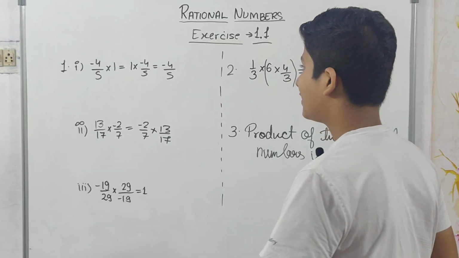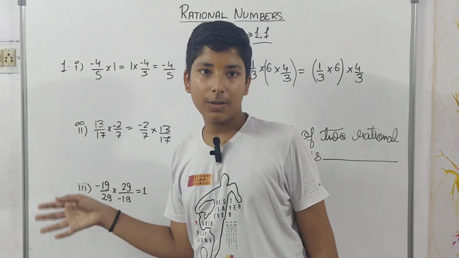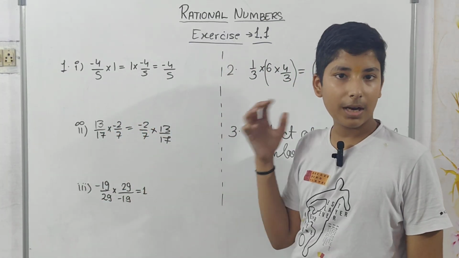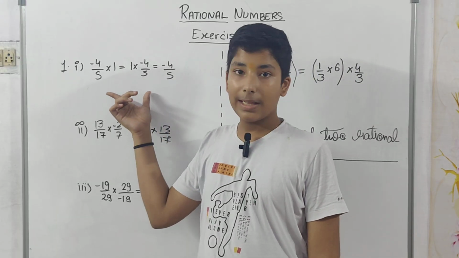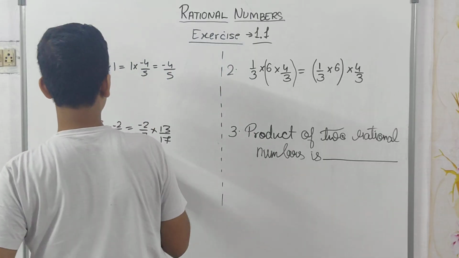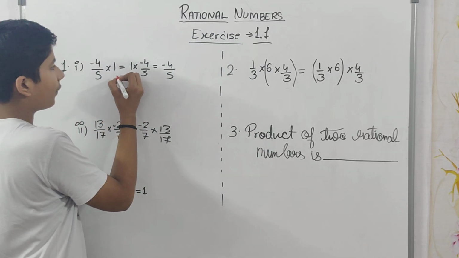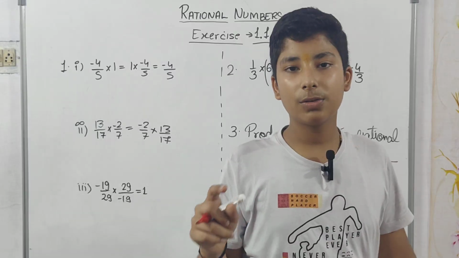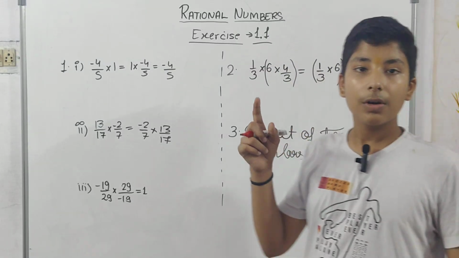Okay, now let's see. Here, you might be thinking, what are these? Why have I written this? Here we have to tell the property which is getting applied in these. Minus 4 by 5 into 1 equals 1 into minus 4 by 5 equals minus 4 by 5.